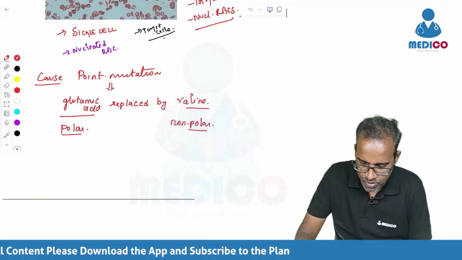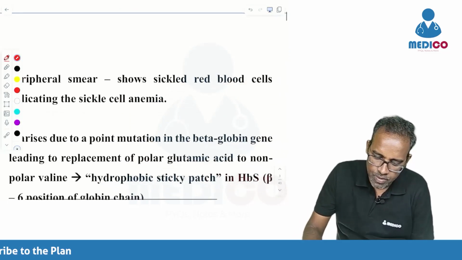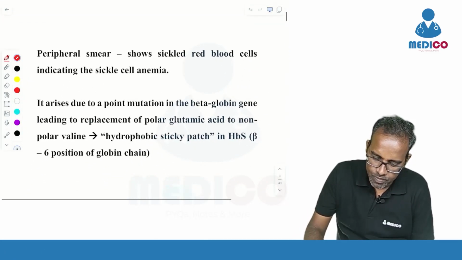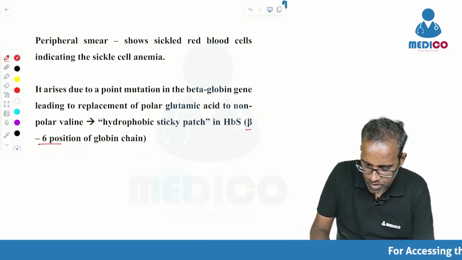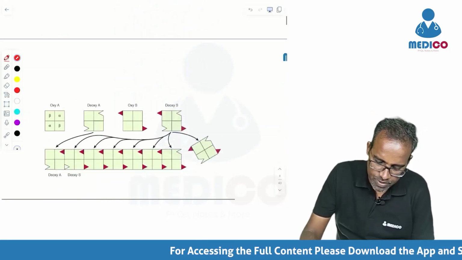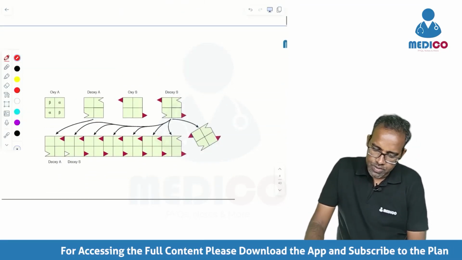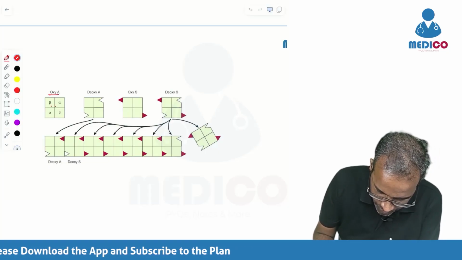So is that a problem? Yes, it is a problem. How? Let's see here. As I told you earlier, this happens at the 6th position of the beta globin chain. This is a normal oxygenated hemoglobin, two alpha chains, two beta chains.